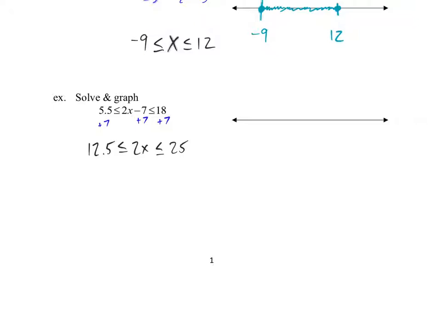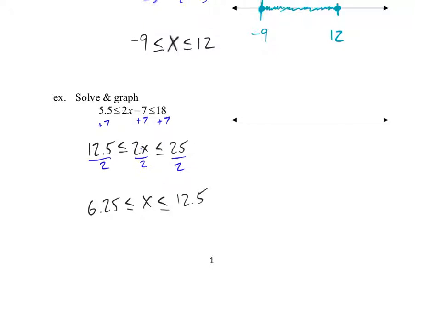Now it's 2 times x, so we divide by 2 to get x by itself. So I have 6.25 is less than or equal to x, which is less than or equal to 12.5.